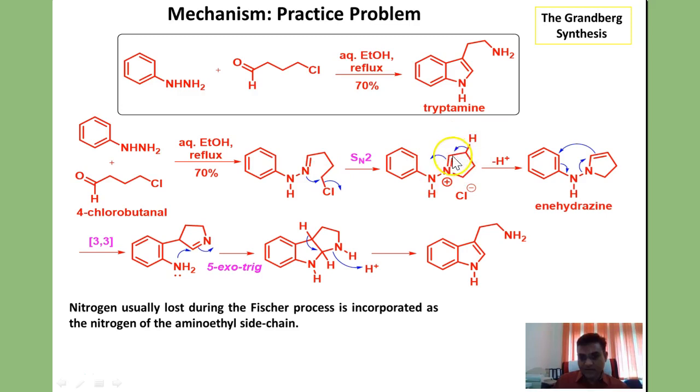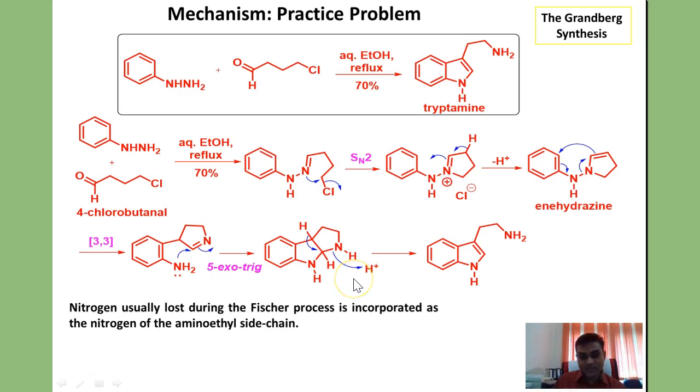Later on, this proton will be lost, and we will get a new enhydrazine derivative. So the formation of the enhydrazine is very wonderful here. The chlorine is involved in the formation of this enhydrazine, and later on it undergoes the routine Fischer indole synthesis mechanism. It will undergo 3,3 sigmatropic rearrangement, and then it will attack the C=N double bond, and this will undergo aromatization to form this aminoindole compound.